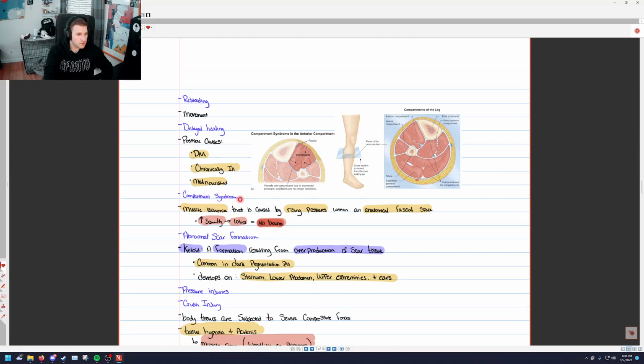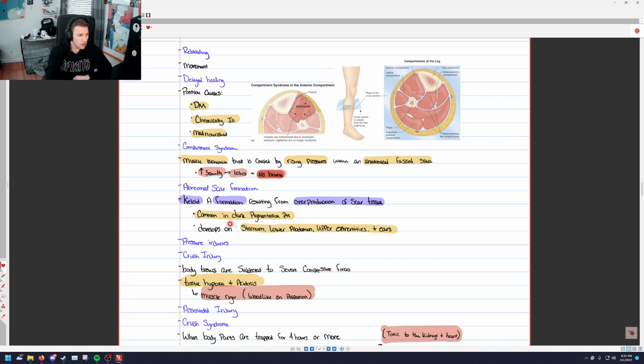We have our compartment syndrome that we talked about, I believe, I want to say in chapter 3. So we have our tibia and our fibula, and we have different compartments within a leg. If these do get hit with blunt force trauma and we start an inflammation process, we're releasing histamine, we're having an interstitial fluid shift. These will actually compress against these arteries and veins and cause a decrease in perfusion.